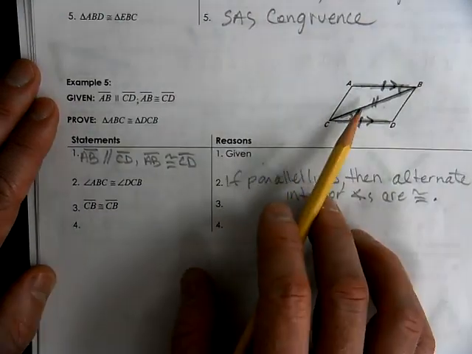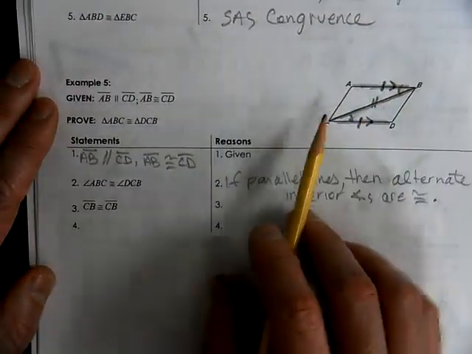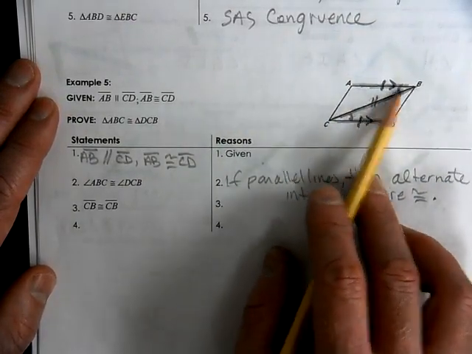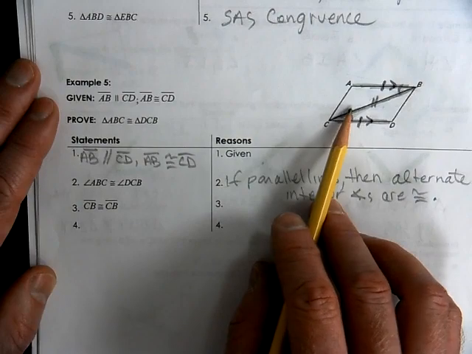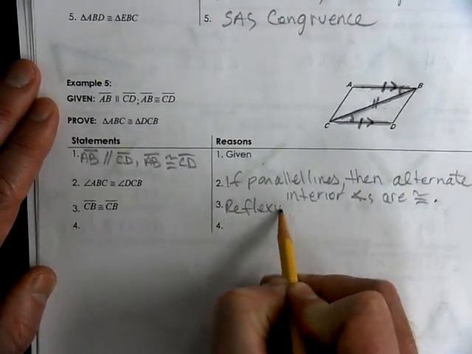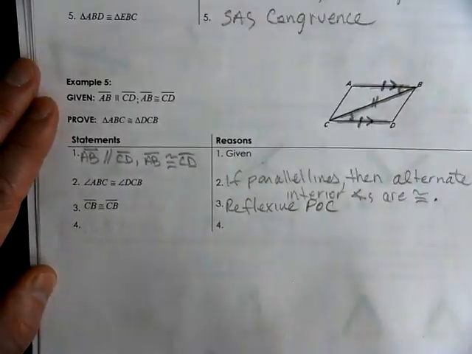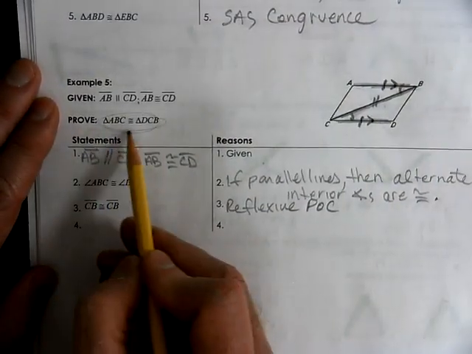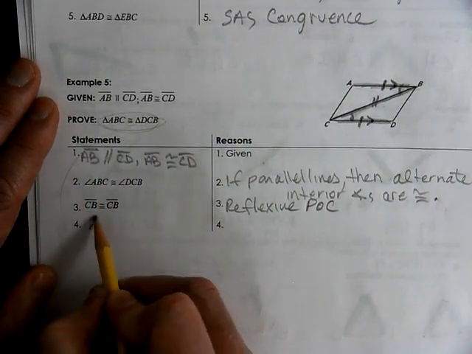Now they want to talk about CB. Now I would write them in opposite order. I would say C to B on this triangle, but B to C for that one. No big deal. Reflexive POC. What you're trying to prove is always the last thing that you write.